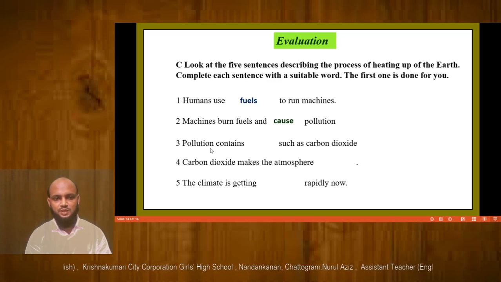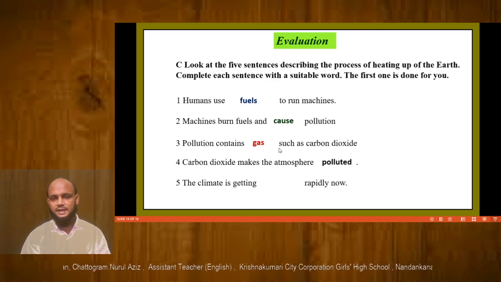Now question number 3: pollution contains dash such as carbon dioxide. Carbon dioxide is a what? Gas.